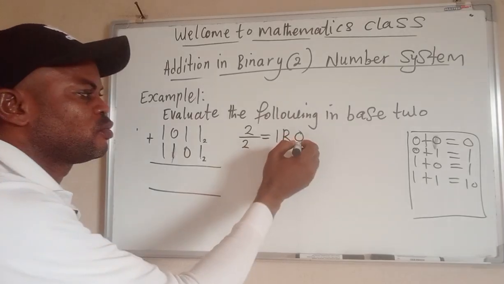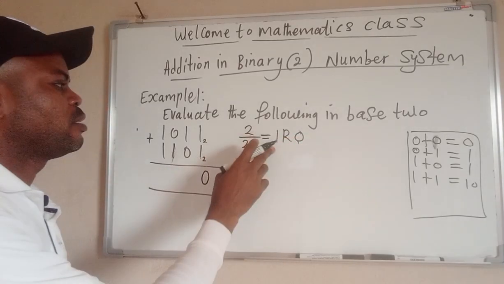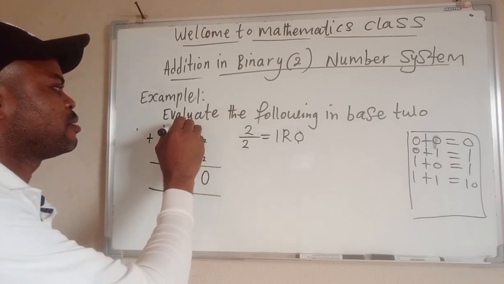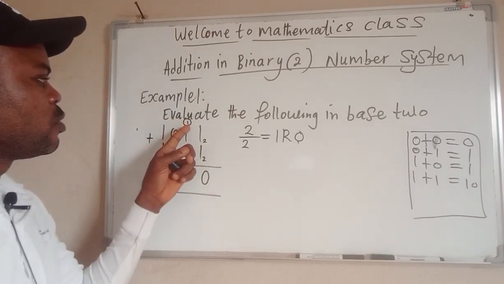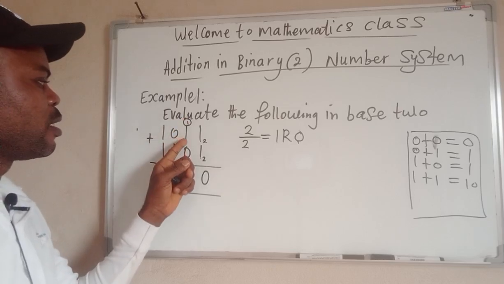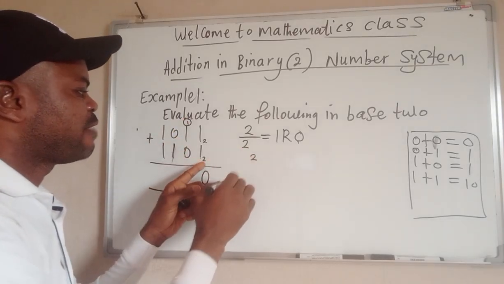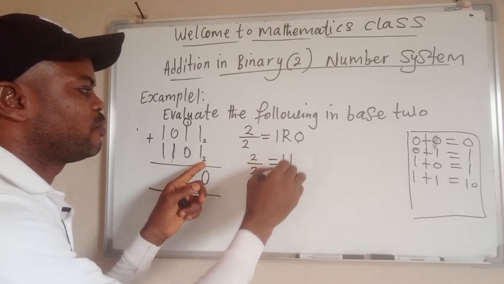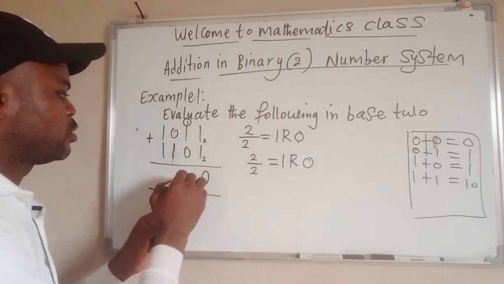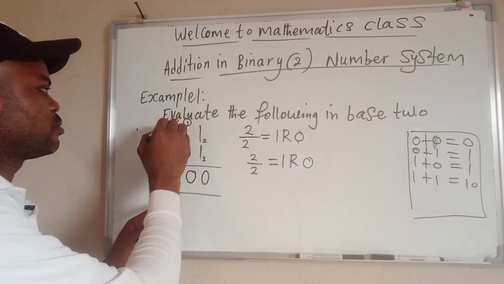So I'm going to bring down the 0 here first, and take the 1 to the next line. In the next column, it's going to be 1 plus 1 again, plus 0. It's still going to give me 2. Then divide by the base again, which gives you 1 remainder 0 again. So you write down the 0 again and carry the 1 over to the next line.